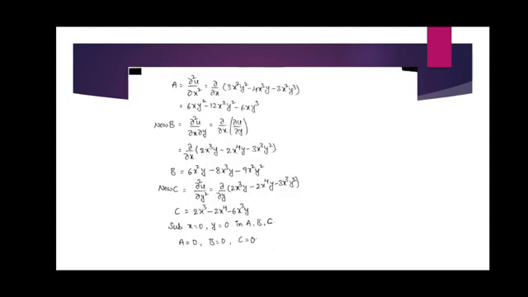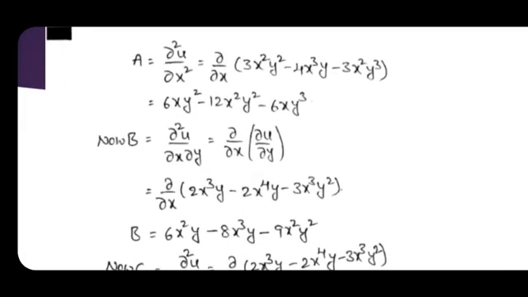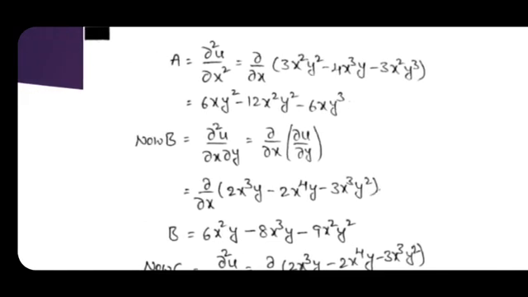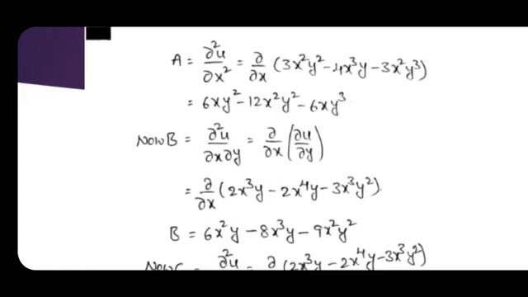So a is equal to del square u by del x square. That means del by del x of del u by del x, whose value is 3x square y square minus 4x cube y minus 3x square y cube. Partial differentiation with respect to x.